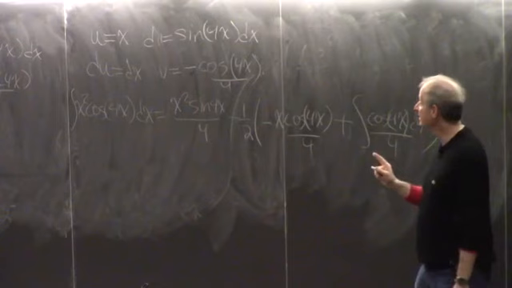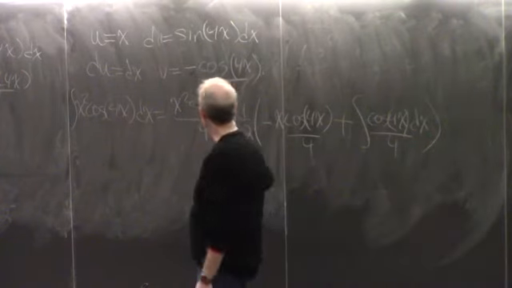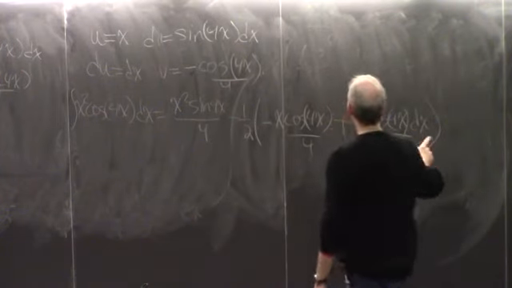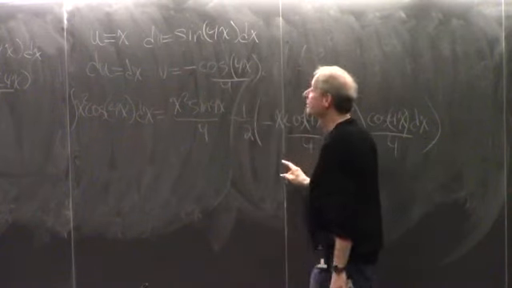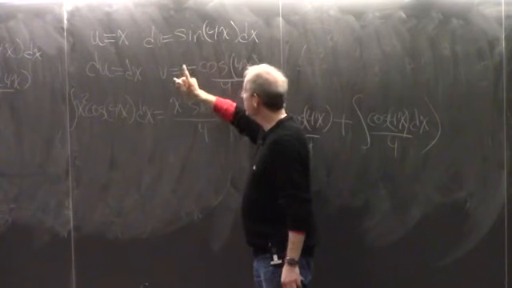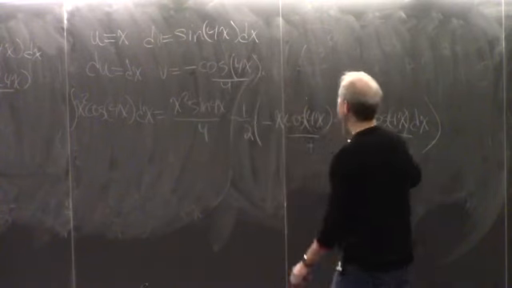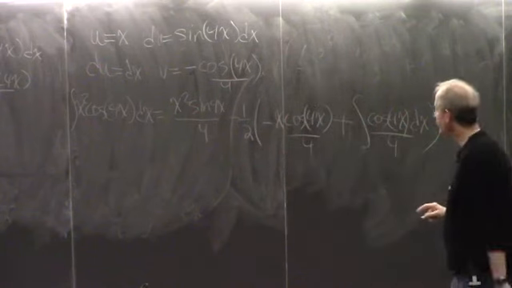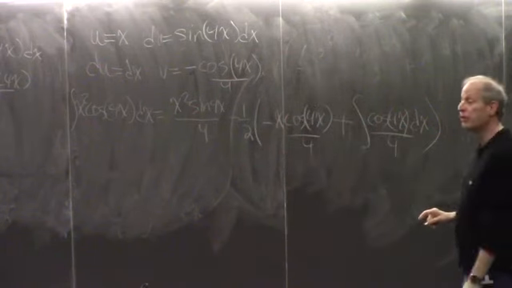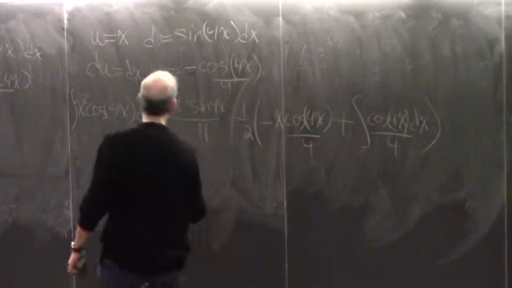Just be careful with the minus signs, okay? You have minus a half times this integral, which is minus x cosine 4x over 4, minus, that becomes plus, integral of cosine 4x over 4 dx. So distribute. Watch your halves, watch your minus signs.